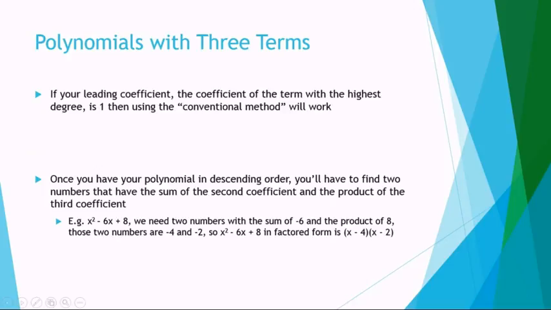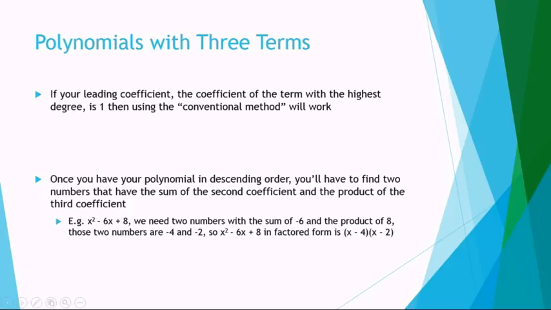Now for polynomials with 3 terms, what you'll want to do first is make sure that your polynomial is ordered from the highest degree to the lowest degree. So you want to make it in descending order. And once you have your polynomial in descending order, you'll look at the first term.